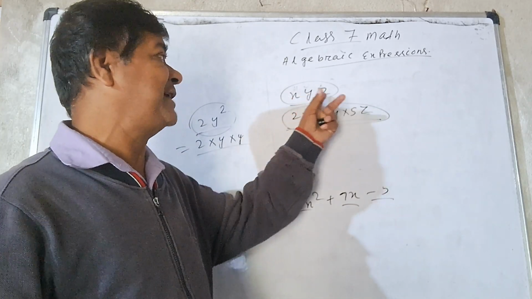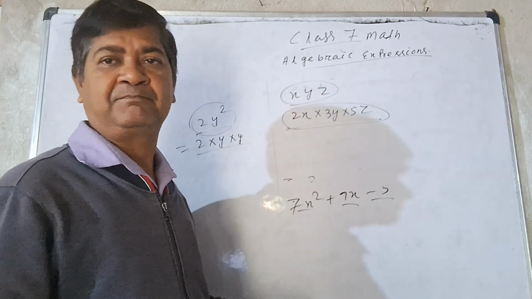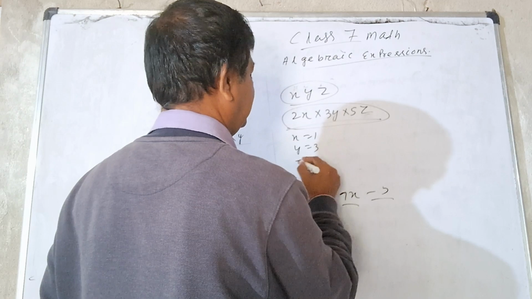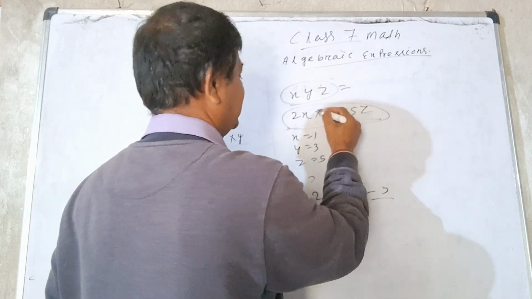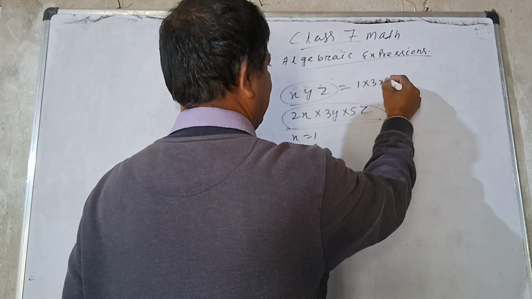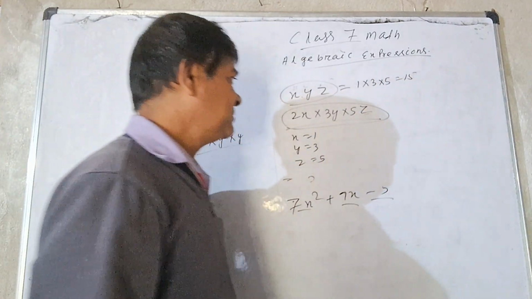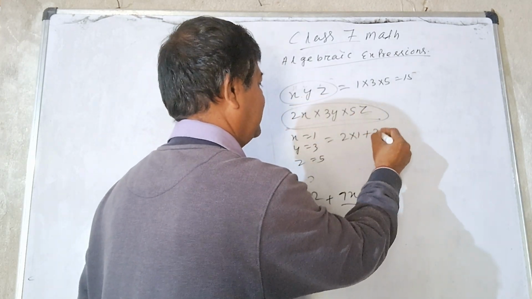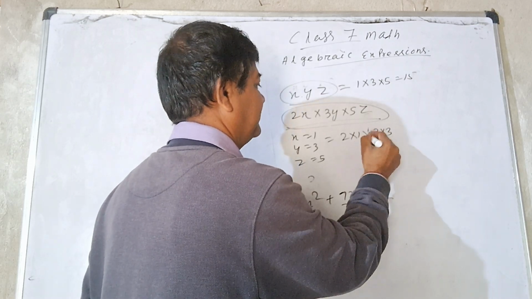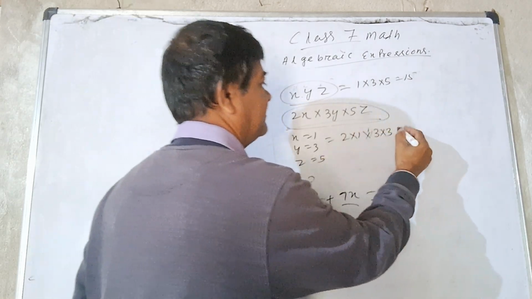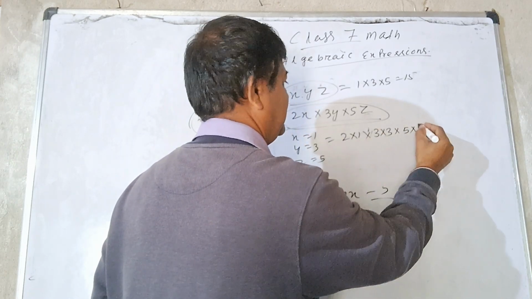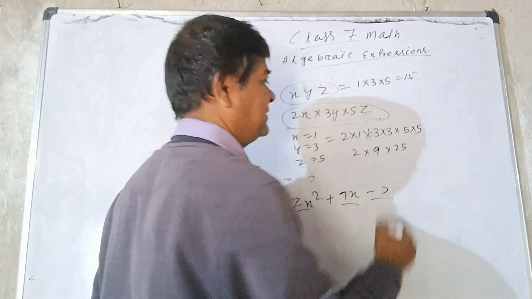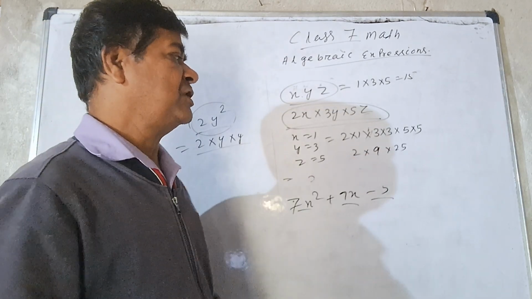Here xyz means x into y into z is a single term. Because if we put x equals 1, y equals 3, z equals 5, then this expression will be 1 into 3 into 5, 15 will be the answer. Similarly, for 2x into 3y into 5z, with 2 into x, 3 into y, 5 into z, the answer will be 225.